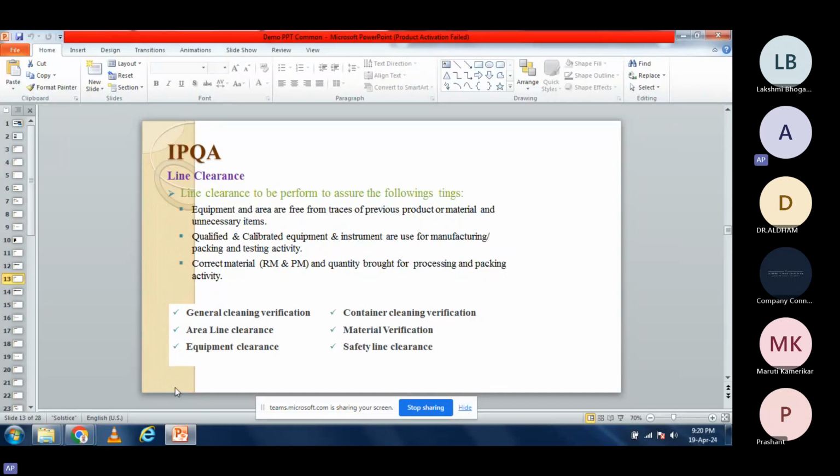Our house members, right? Similarly, there is a third eye in the manufacturing process in the industry, called IPQA.